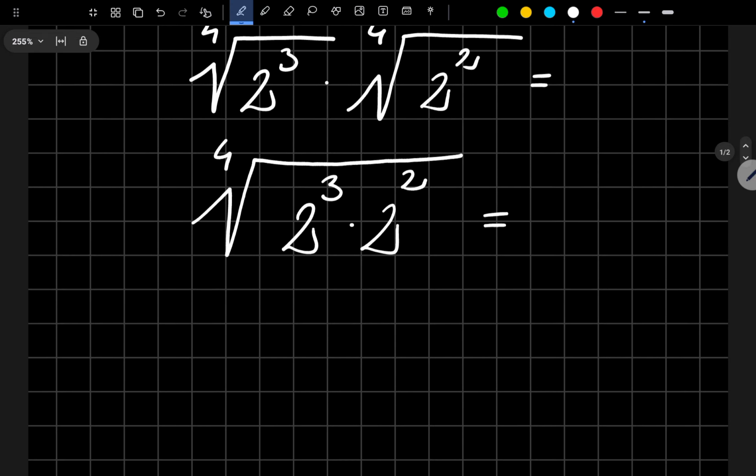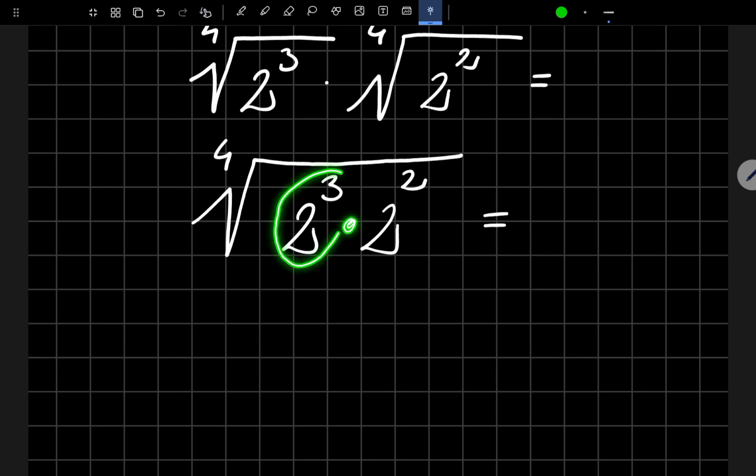Okay, now we have the product of two powers with the same base. And you should know that you can add the exponents. That means you will write back the base and add the exponents.